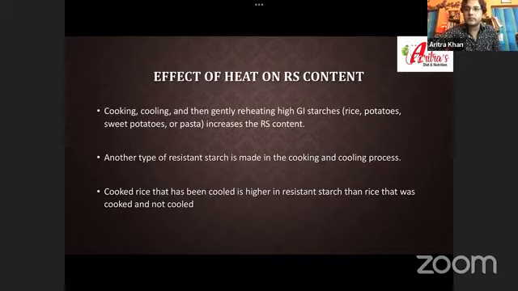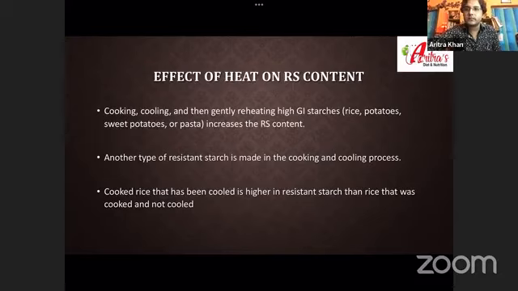That is why cooking, then cooling and reheating gives a new structure in which resistant starch forms. Potatoes, rice, barley, and cooked beans are all very good, classical examples of resistant starch.